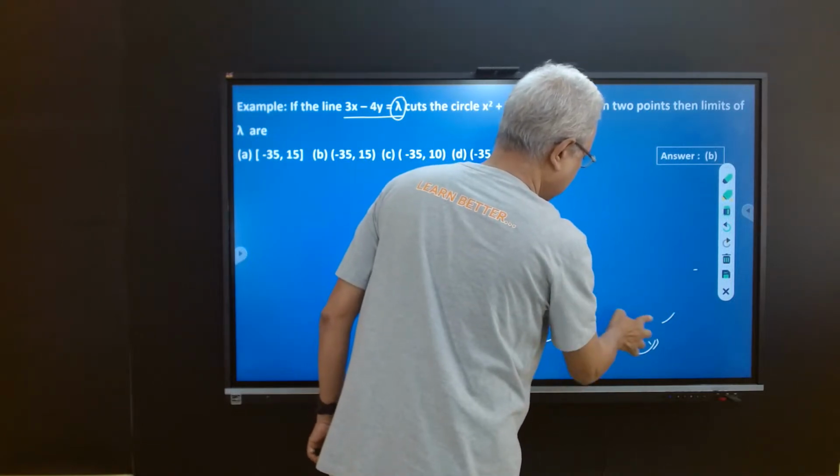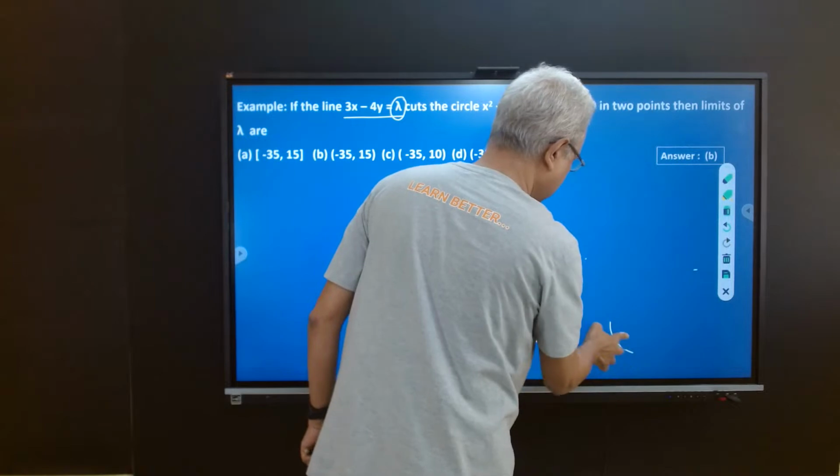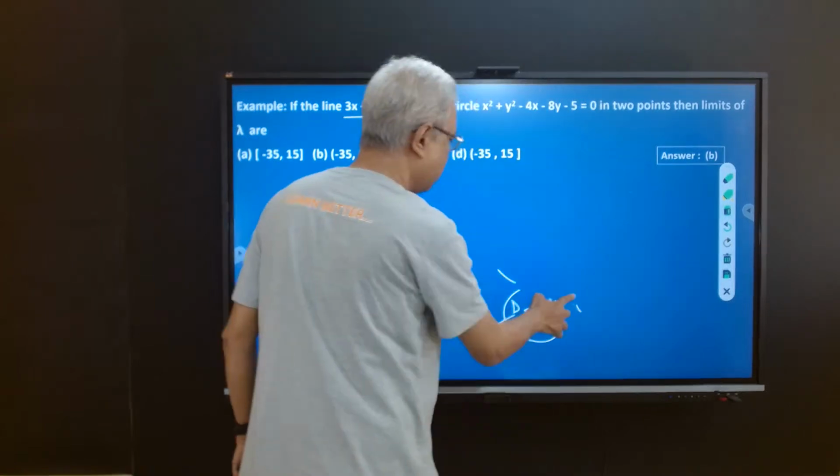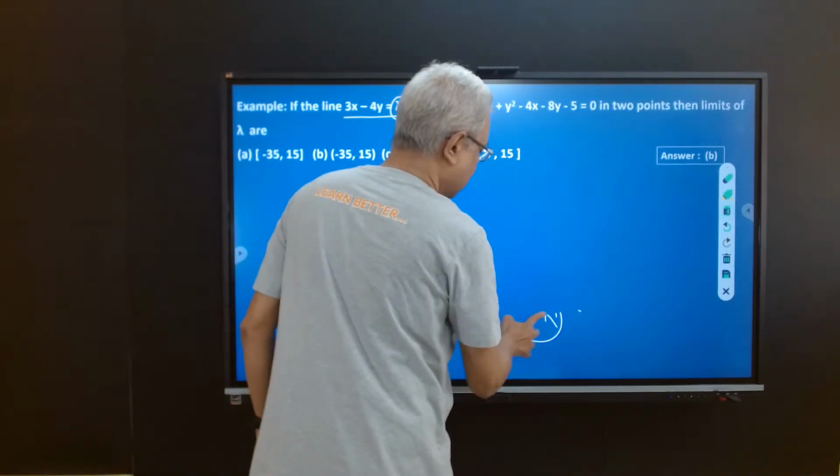Just compare this with the standard general equation of a circle, which is x square plus y square plus 2gx plus 2fy plus c equal to 0.